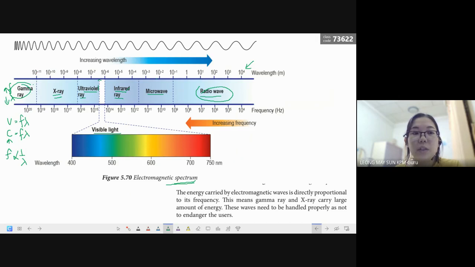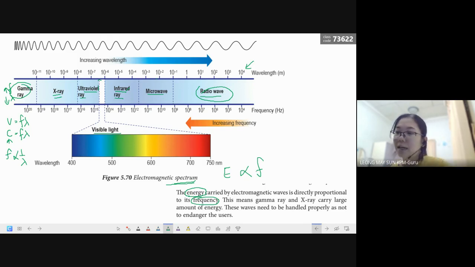Now, what do you need to memorize? You need to memorize this spectrum, the flow: gamma ray, X-ray, UV, visible, infrared, microwave, radio wave. Over here, it says the energy carried by electromagnetic wave is directly proportional to the frequency.